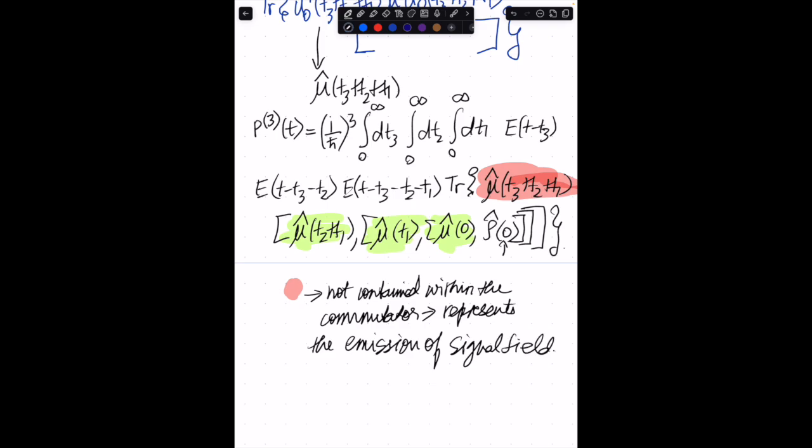And then the first three dipole operators are just interactions of your light with your matter system. So I call it LM interactions. So that's important to realize.